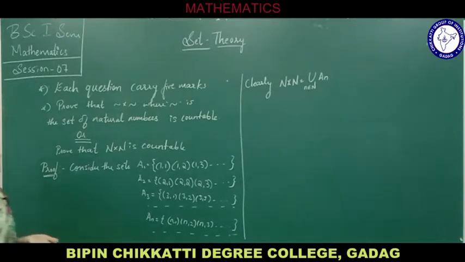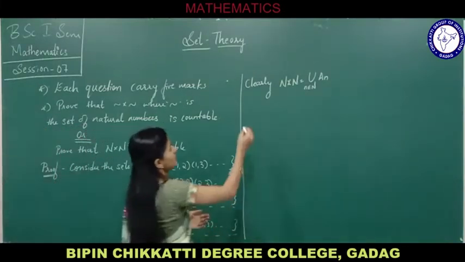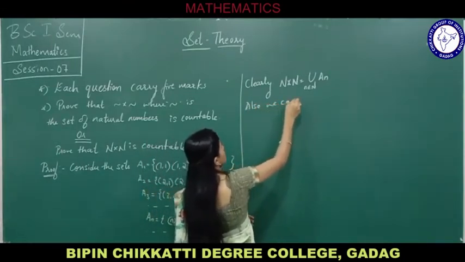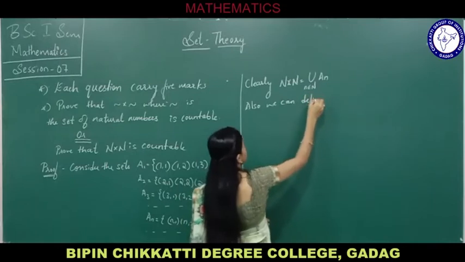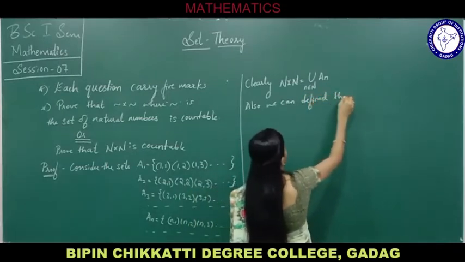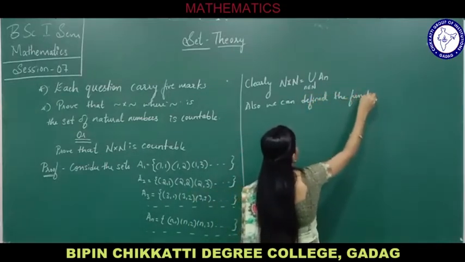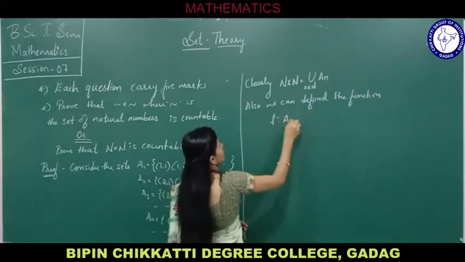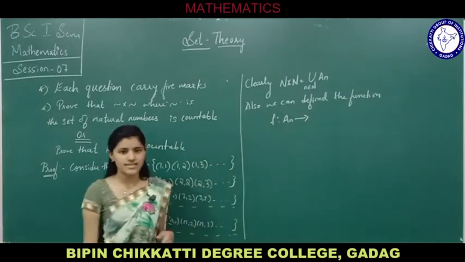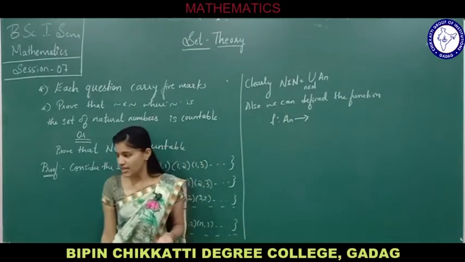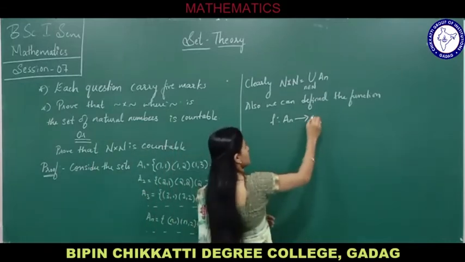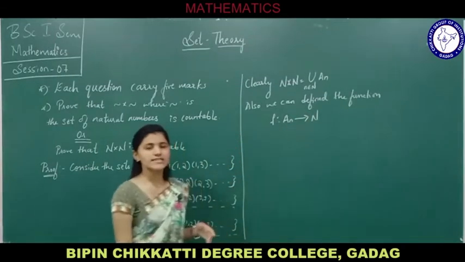Also we can define the function f from an to N. We are discussing the set of natural numbers, right? How can it be defined?